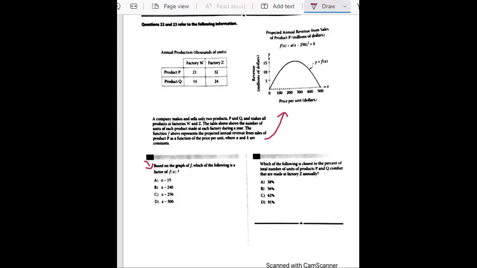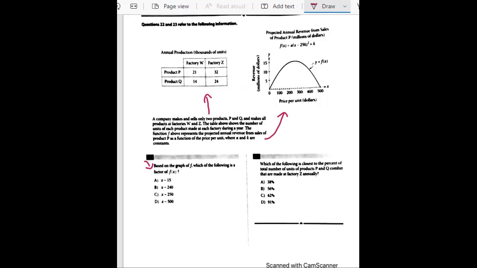Okay, so basically this information was just referring to these two things, so we can look at them directly. Okay, let's talk about the question now. Based on the graph of F, which of the following is a factor of f(x)? Now, this question has nothing to do with revenue and price per unit, dollars, factories and products, nothing.